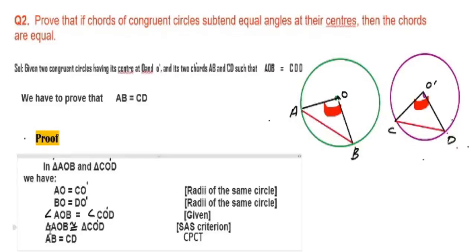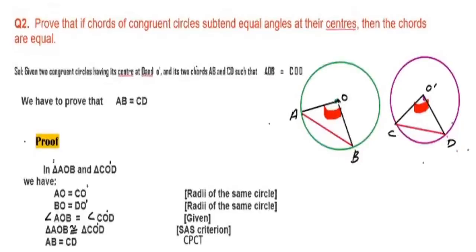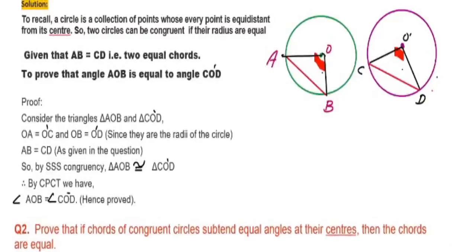We can write triangle AOB is congruent to triangle CO dash D by SAS congruence condition. Then by CPCT you can write AB equal to CD, since AB and CD are corresponding parts of congruent triangles. So these are the two questions given in exercise 10.2.